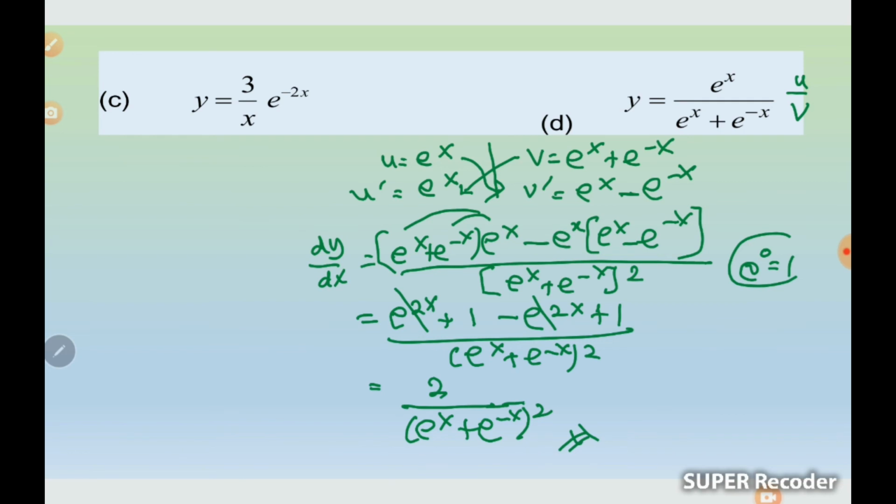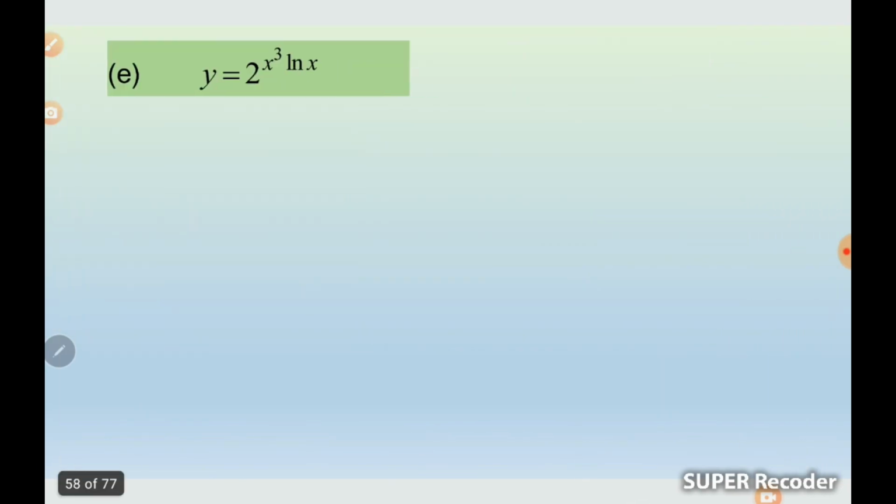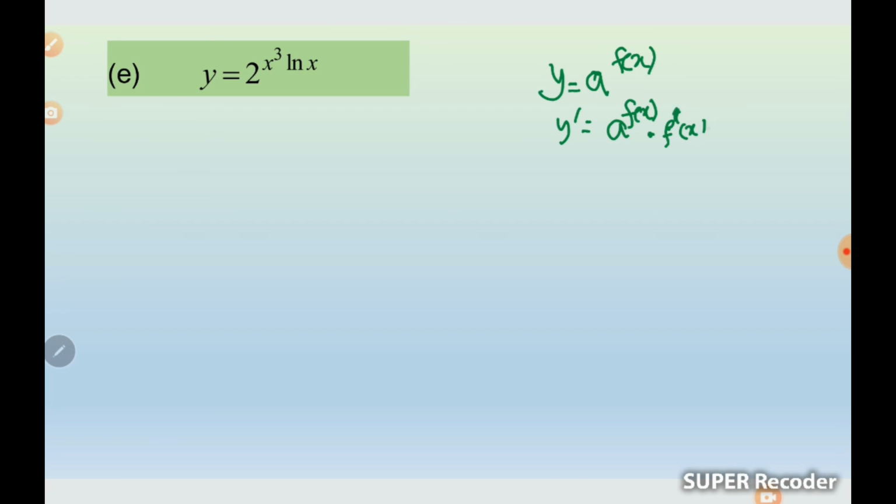Okay, let's continue with e. y equals 2 to the power of x cubed multiplied with ln x. So recall the formula for the exponential function. y equals a to the power of f(x). So y prime equals a to the power of f(x) multiplied with f prime(x), you need to differentiate f(x), then multiply with ln a.